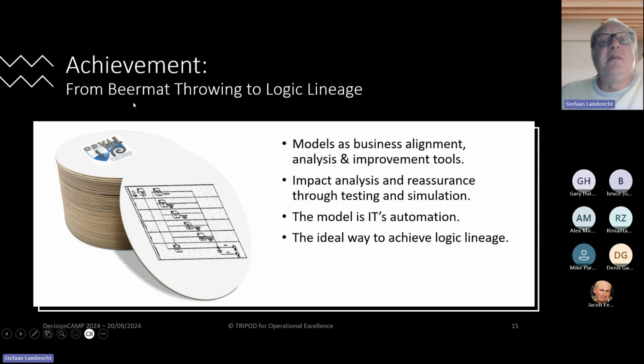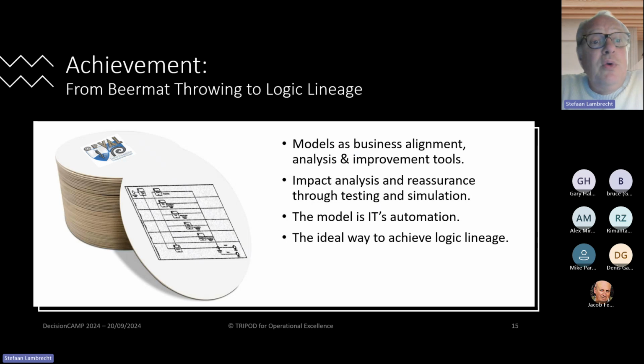One of the things that we managed to do is, usually in a traditional IT development environment, you see that requirements are written by the business and then thrown as a beer mat to IT across the wall, and then IT does its thing and comes back with a solution, and that leads to quite some frustrations and misunderstandings.